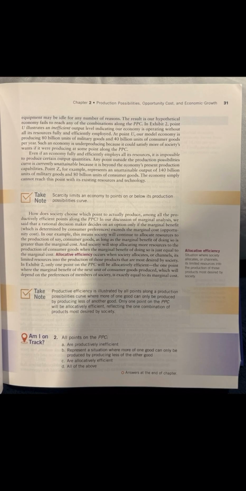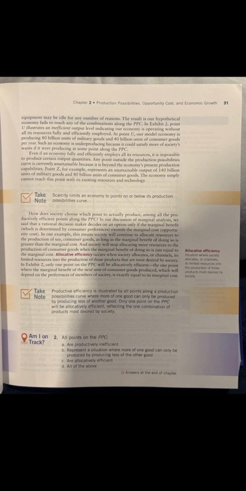Take note. Productive efficiency is illustrated by all points along the production possibilities curve, where more of one good can be produced only by producing less of another good. Only one point on the PPC will be allocatively efficient, reflecting the one combination of products desired by society.